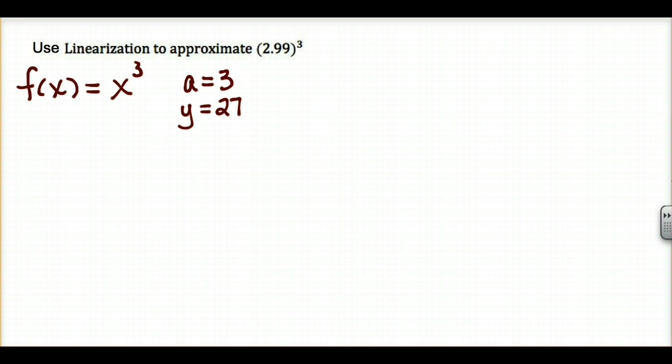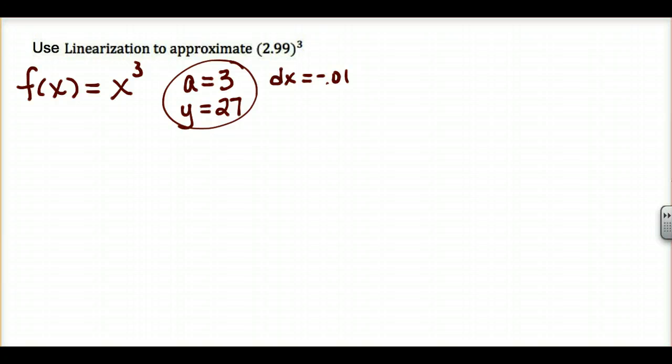But we really don't want to know when x is 3. We want to know when x is 2.99. So that's going to be a difference of negative 0.01. So we're going to find our equation of our tangent line at this point of tangency, and then plug in 2.99 into the tangent line equation to get the value of the tangent line there, which will be close enough to the cubed function, x to the third.